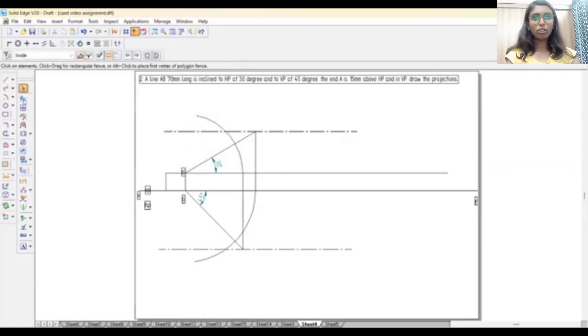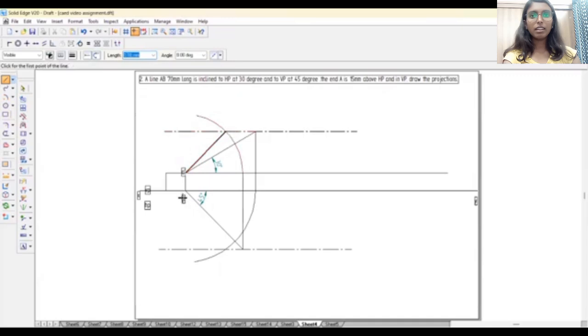Now go to select option, take any length, take the center point where the intersection happens and take any length, and the degree is 45 degrees. Press enter.